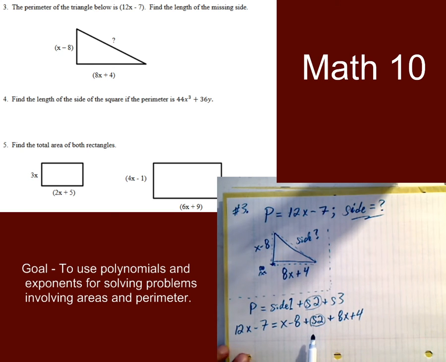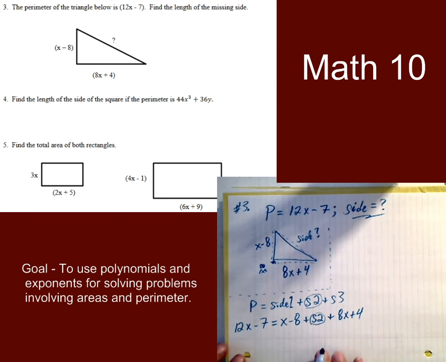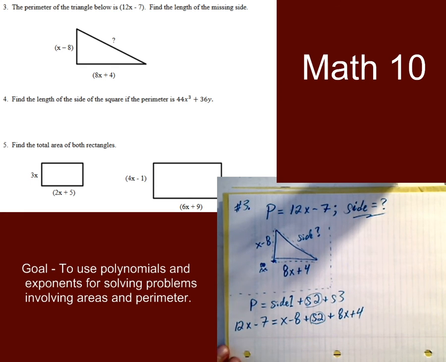Okay, so the goal then is we've got to figure out what this is. That means we've got to start using some of our rules from polynomials in order to help make this happen. So the first thing we can do is notice on the right hand side of the equal sign we have terms that are the same. That is, same idea, like terms. We have an x here and 8x over there.